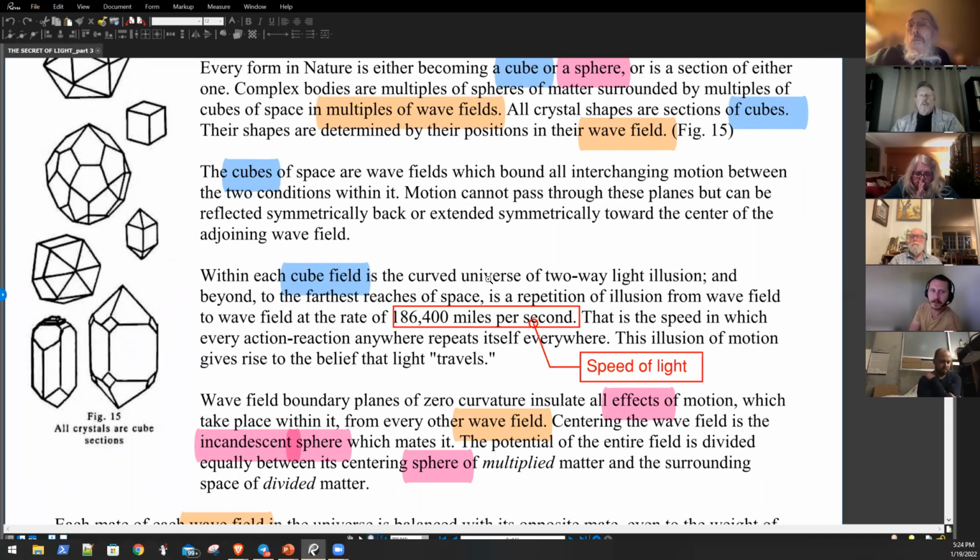It's a curved universe, not a straight line universe of two-way light illusion. And beyond, to the farthest reaches of space, is a repetition of illusion from wave field to wave field. So again, we're talking wave field, not just a single wave. It's a multiplication of waves creating fields.